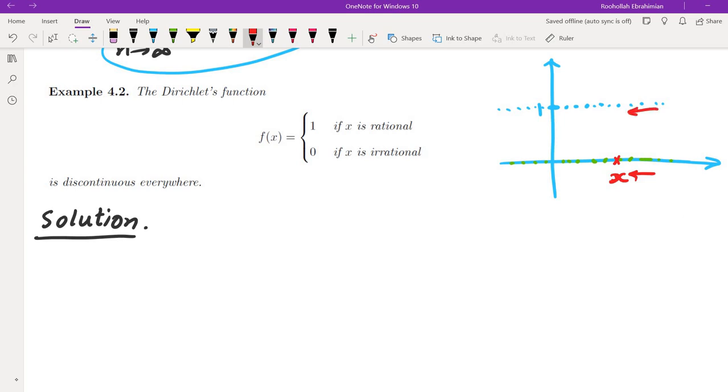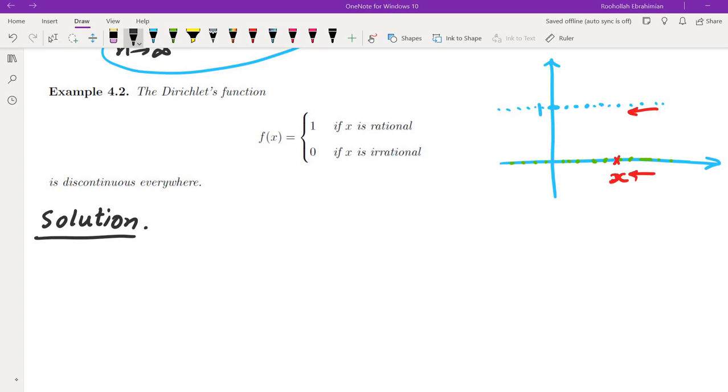And you can also approach x from the set of rationals, which is why it cannot be continuous, because on top you would get 1, at the bottom you would get 0. So f of x must be both 1 and 0, which is not possible.